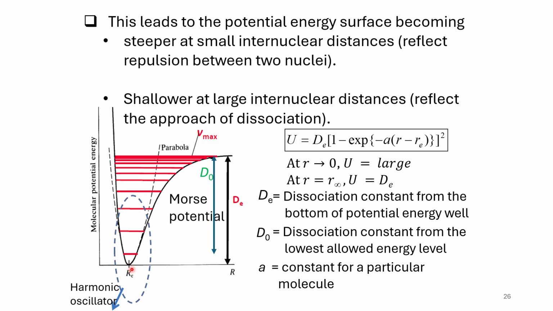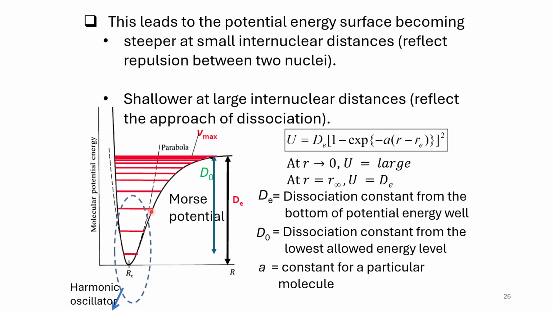The lowest energy it can have is at v equals 0, or the vibrational quantum number equals 0, which is the first line here. If we look at these two profiles for the Hooke's model and the Morse potential energy curve, the deviation found in the curve for a real molecule from that resulting from the harmonic oscillator approximation is due to the mechanical anharmonicity.